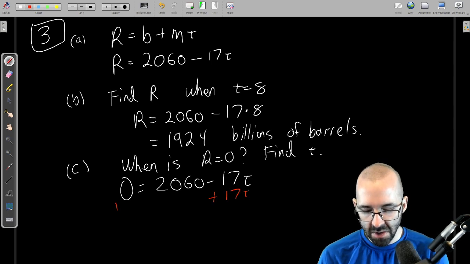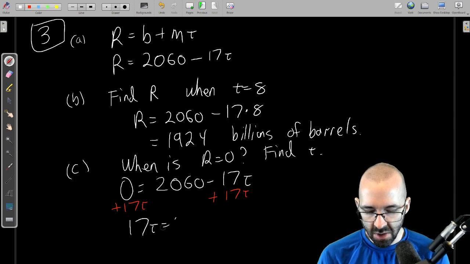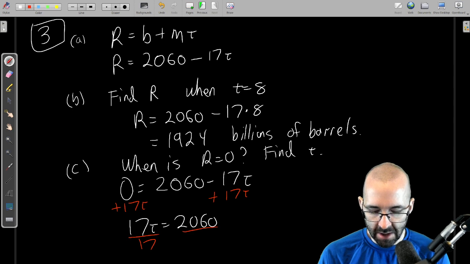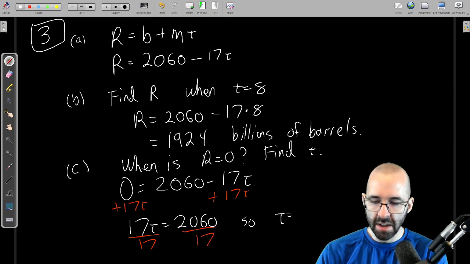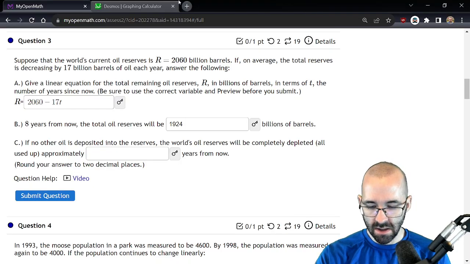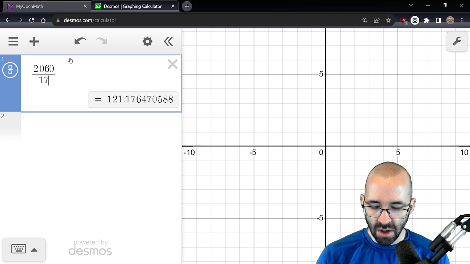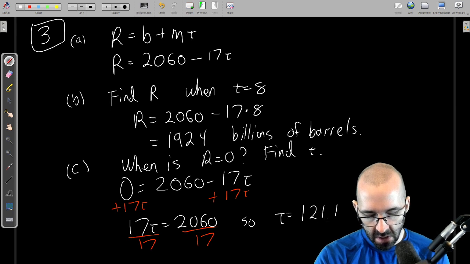Add 17T to both sides. We get 17T equals 2060. And we can just divide both sides by 17. T is going to be 2060 over 17, which is 121.18 is how we round. Remember, they wanted us to round here to 2 decimal places.